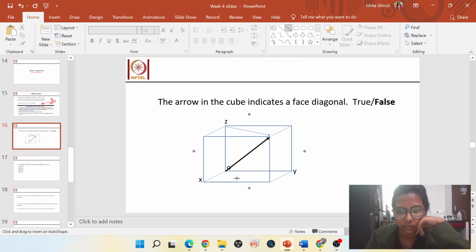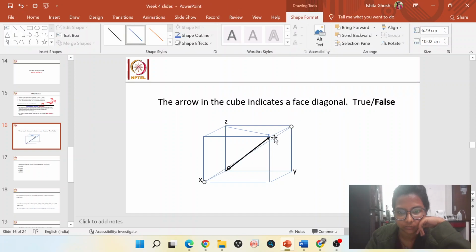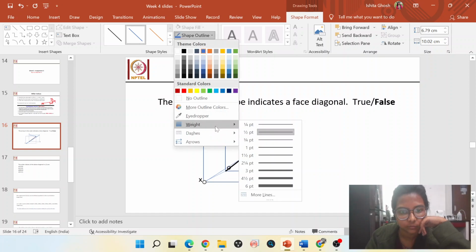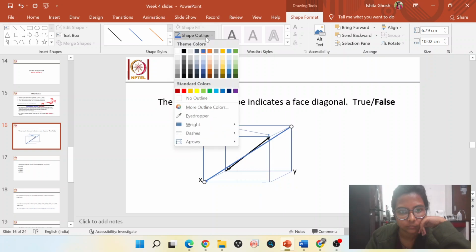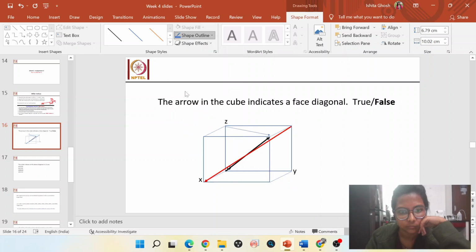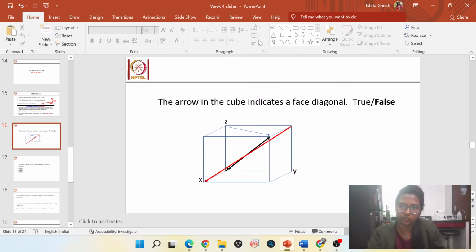And similarly, if we go from here, that is from behind to the front like this, this will again be a body diagonal.